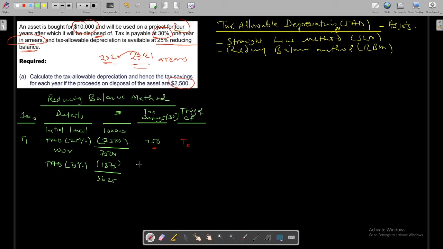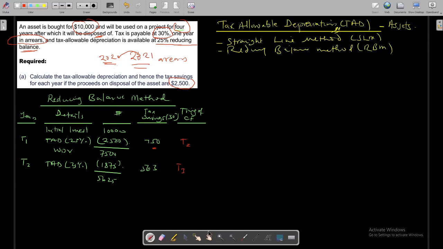Now we find the tax savings by multiplying 30% by 1875, and that gives us 563. Since we pay tax in arrears, we are going to get it in year 3.